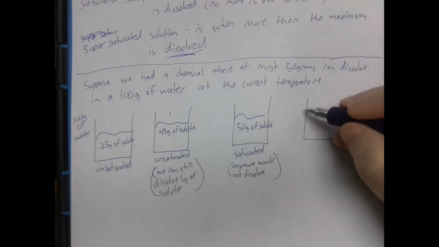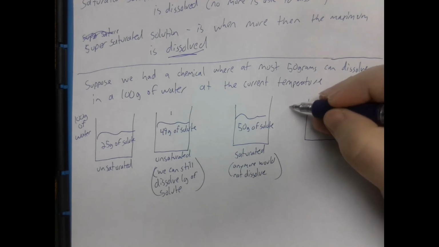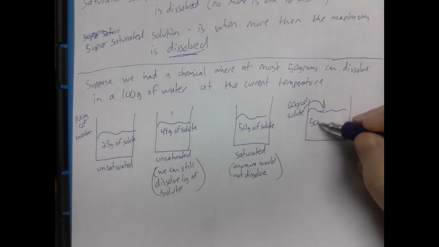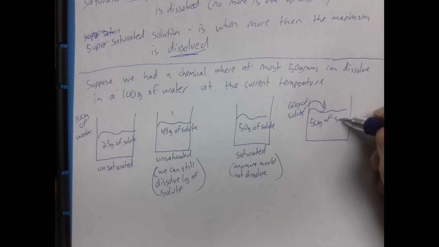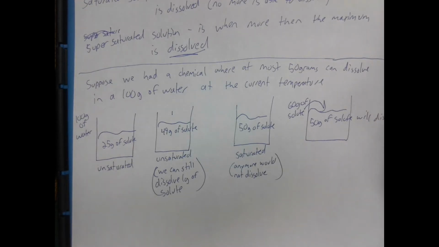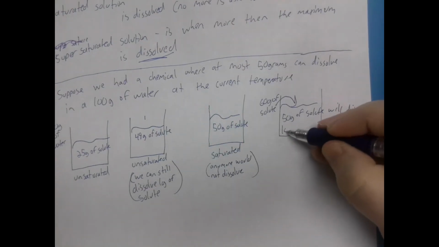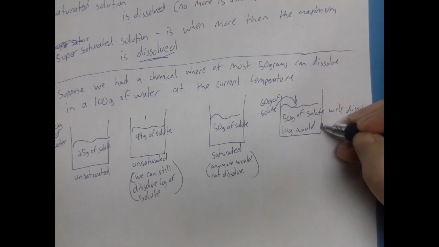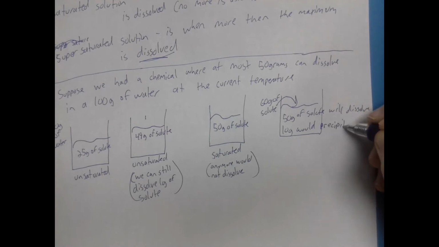If we tried to put more in, let's say we took 60 grams of solute and put it into the water, 50 grams of solute will dissolve, and 10 grams would precipitate, meaning come out of solution.